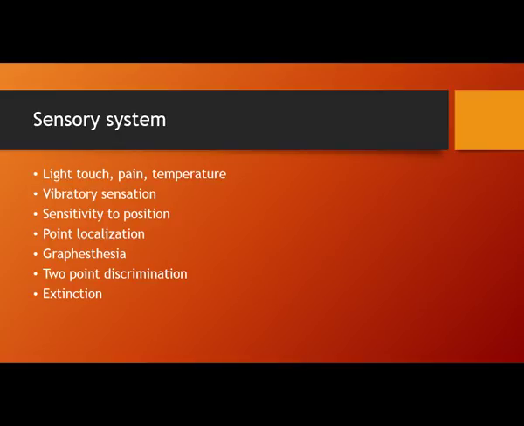Sometimes with somebody that has this, you touch them on the left, they feel it on the left arm, then on the right arm they feel it on the right arm, but when you touch both, they just feel it on the right arm. That's an abnormal finding, but in strokes we sometimes see that.